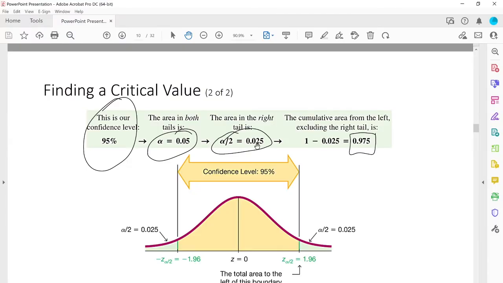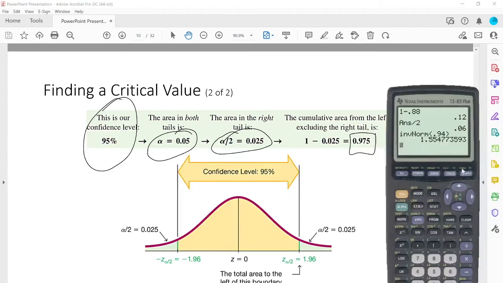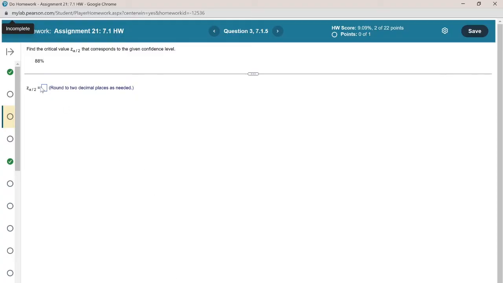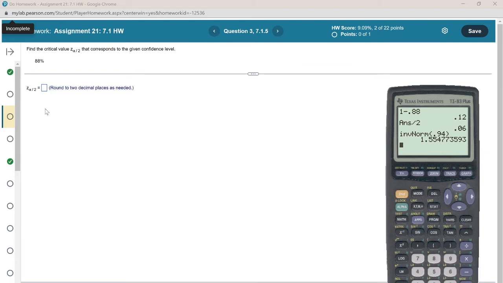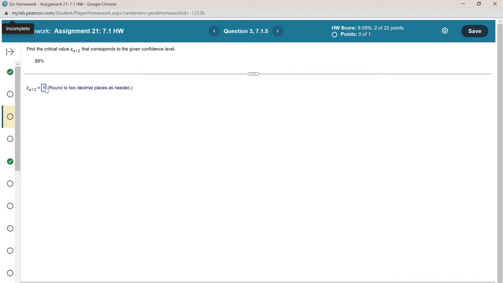You have to subtract alpha over 2 from 1, and that gives the area under the curve to the left, and by using this function invNorm, it gives you the Z score. So the Z score, if you round it to two decimal places, is 1.55. That's the Z score.